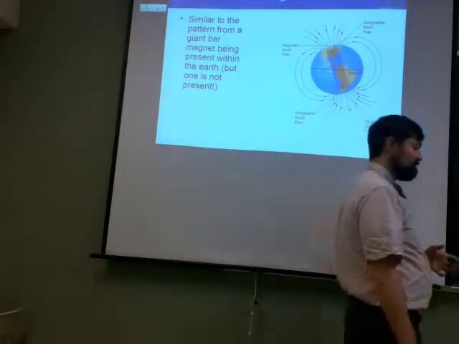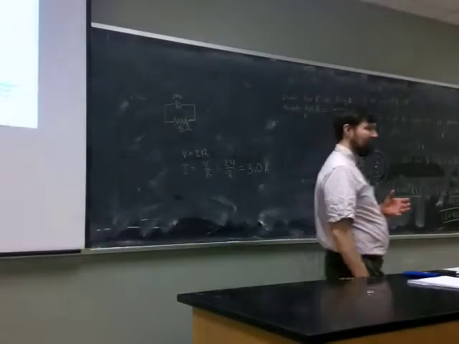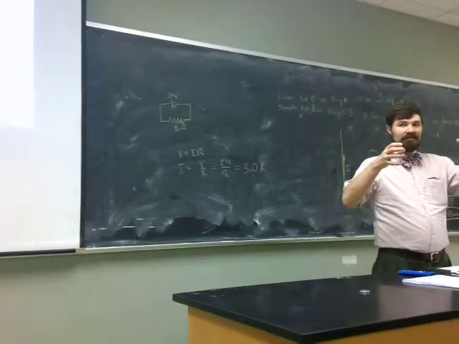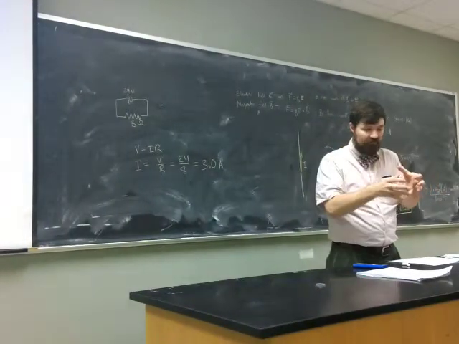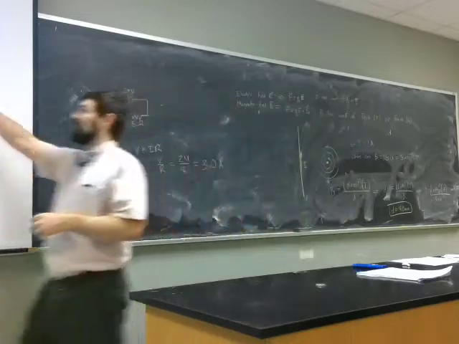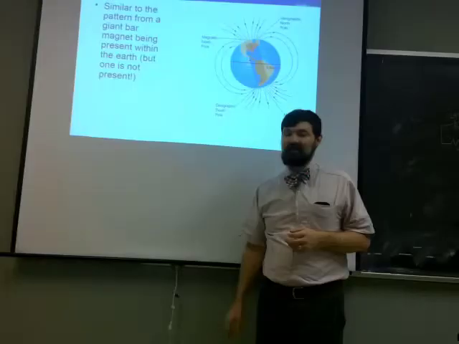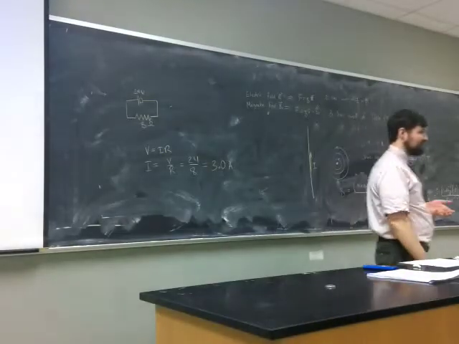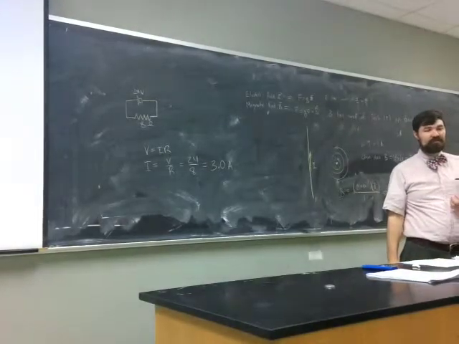What this basically means is that your trapped particles, when they move towards the North Pole or the South Pole, tend to be confined to a smaller space than they are out here near the equator. So what happens as a result of their being trapped in a smaller space?